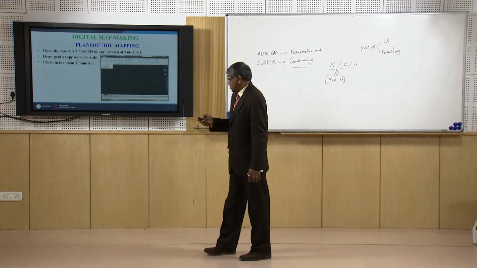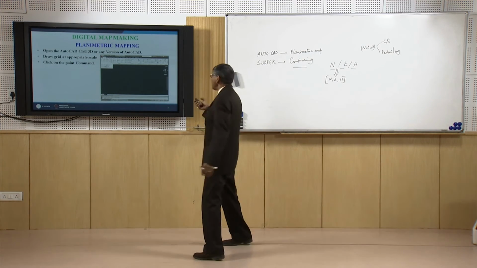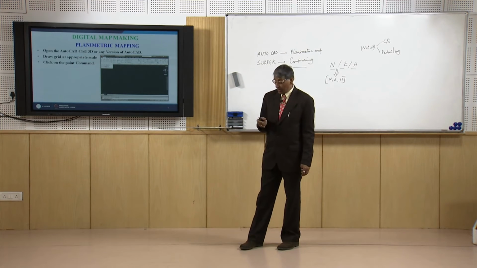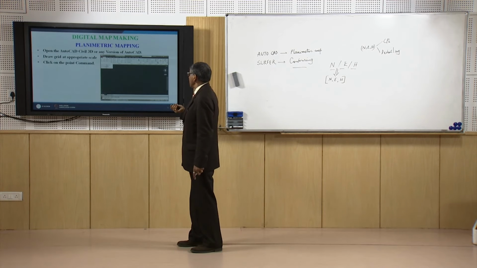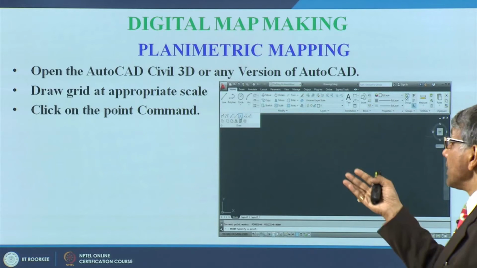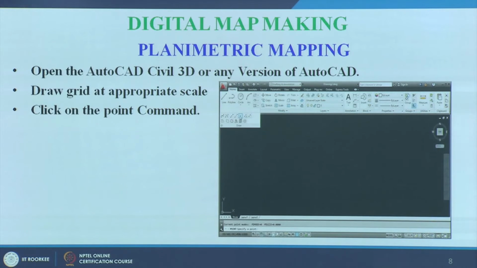Anyway, after opening the AutoCAD software, first we have to make use of the grid option available in the software, and we can draw the grid at some appropriate scale.